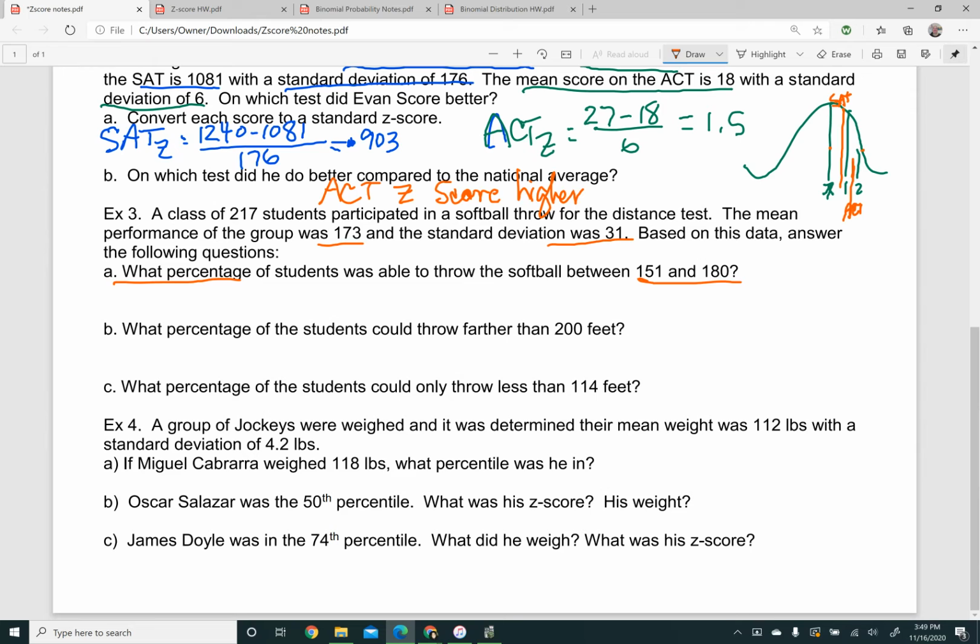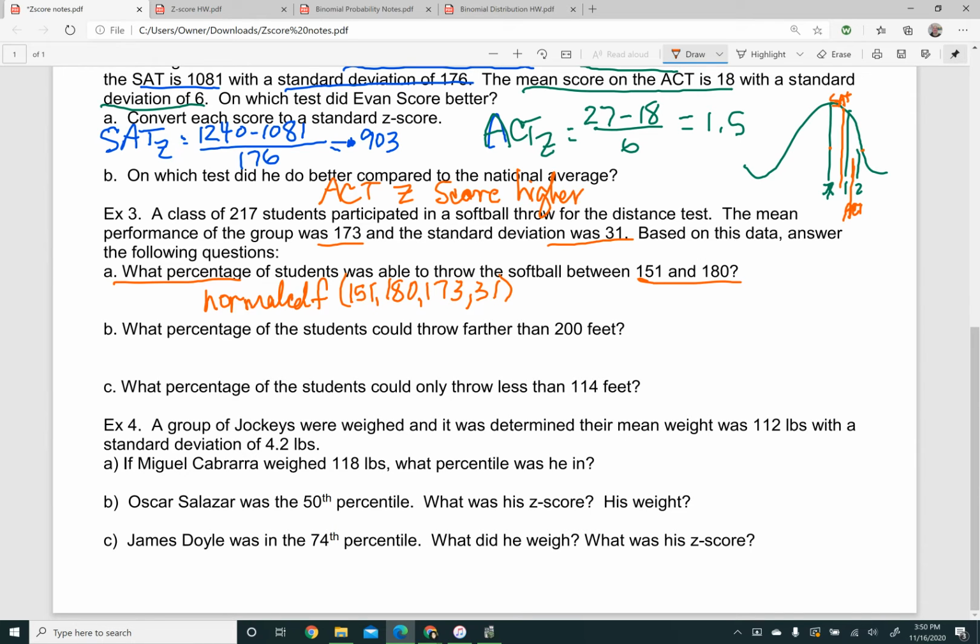When we do questions that look like our normal task, we want to do what's called a normal CDF, and the normal CDF asks us the lower bound and the upper bound, and then our mean and our standard deviation.